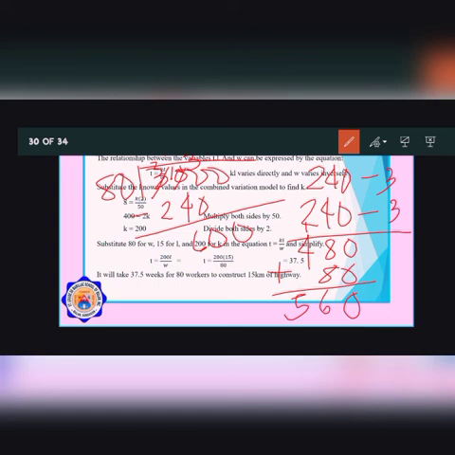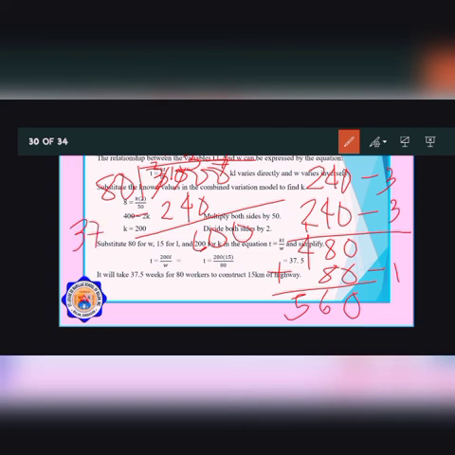So, hindi na kasya sa 80. So, meron tayong 7 na 80 for 560. So, 37, may 7 yan, ang answer natin is 37.